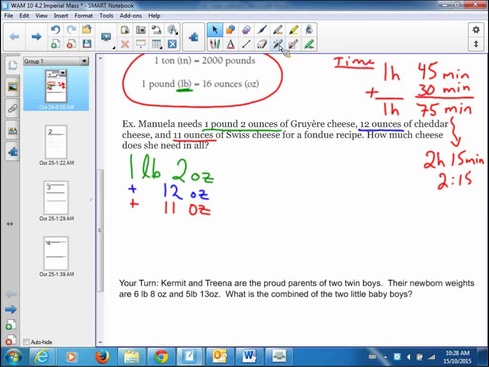Add that on. Sort of like 2 mini problems to add, and then you regroup. 2 plus 12 is 14, plus another 11 is 25. You can use a calculator.